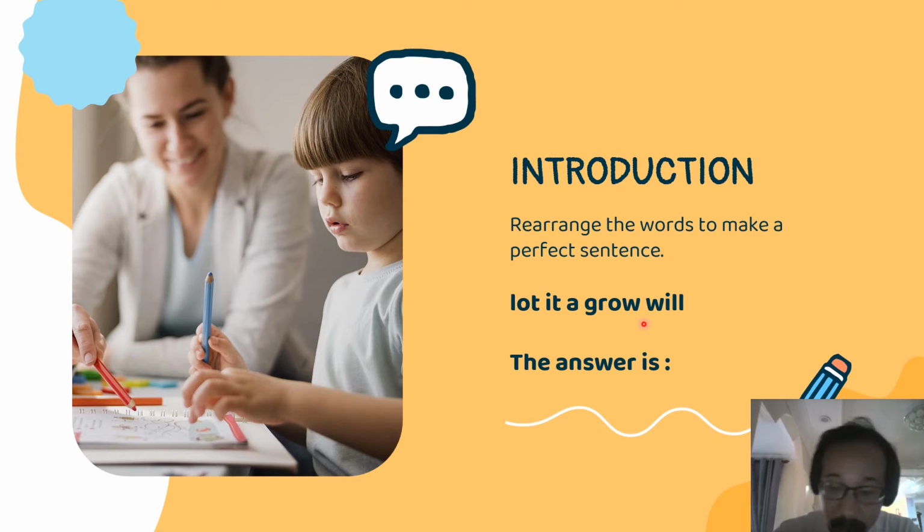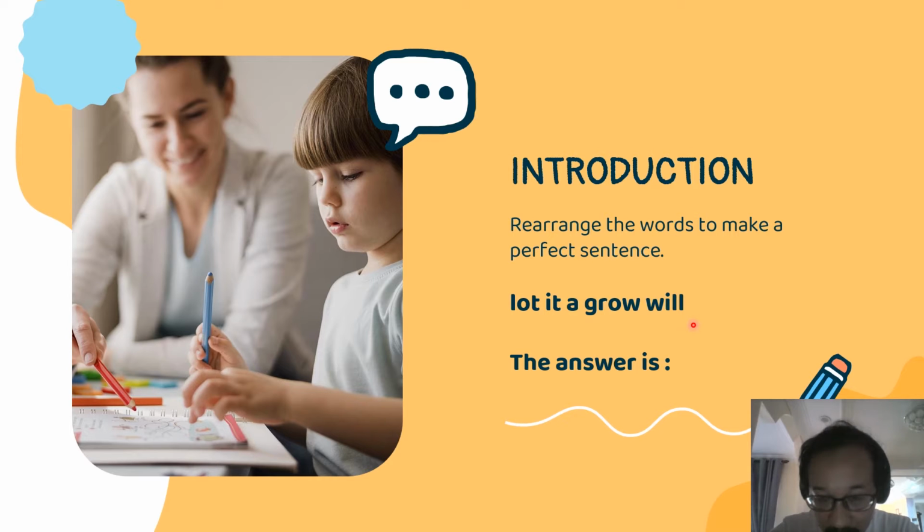One probable answer for the subject in this list of words is it. So most definitely we are going to start with it, and then you will have your verb.